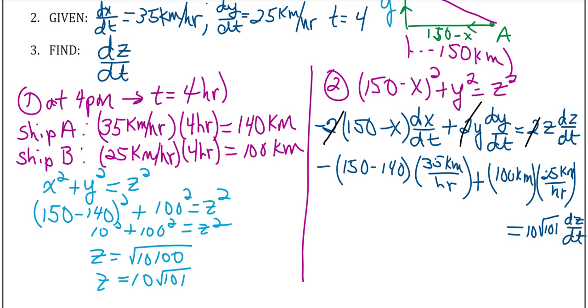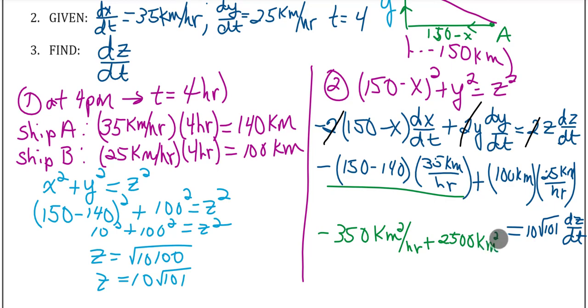Simplifying that previous line, this part becomes -350 because I'm going to have 10 from the 150 minus 140 and then the negative sign, and then times 35. So I get -350, and right now I have kilometers squared per hour. And then plus the other term comes out to be a nice simple 2,500 kilometers squared per hour.